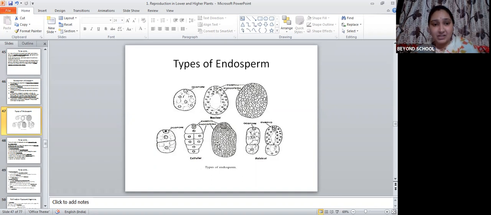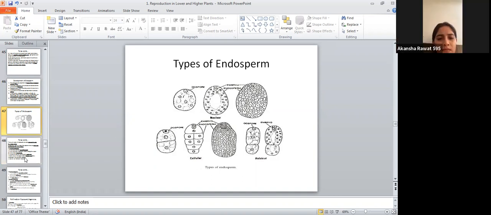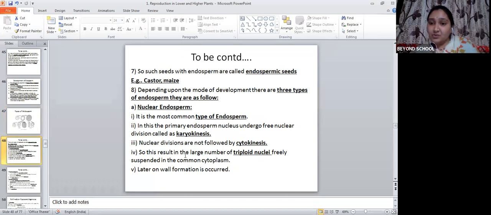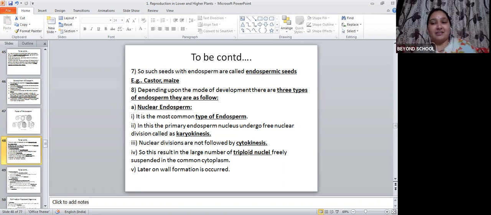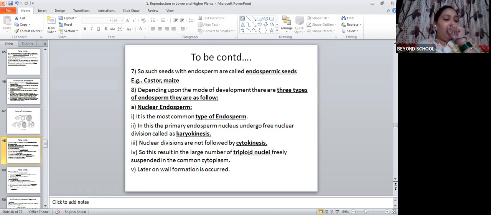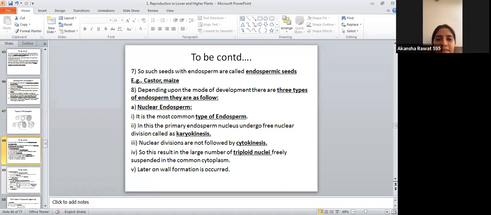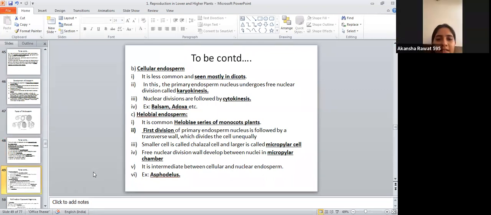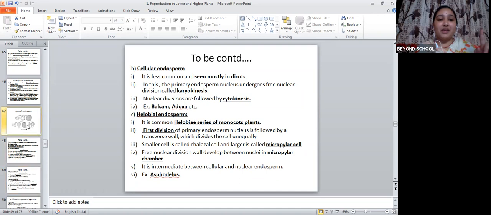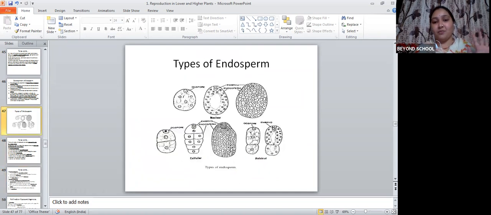If in the exam it is asked how many cells are formed in cellular, you have to say triploid cells. In nuclear endosperm, triploid nuclei. In cell, instead of nuclei, you have to write triploid cells. Understood? So that is why over here the three cells are formed.